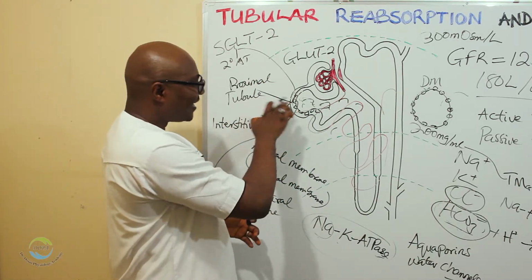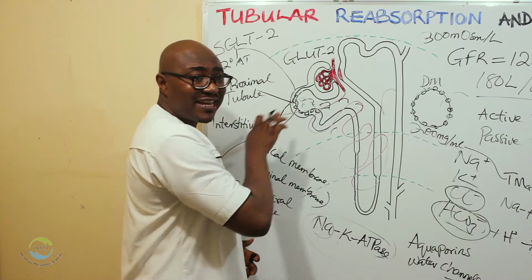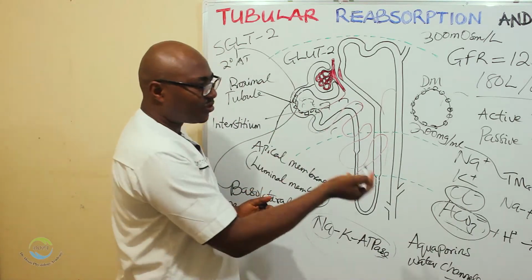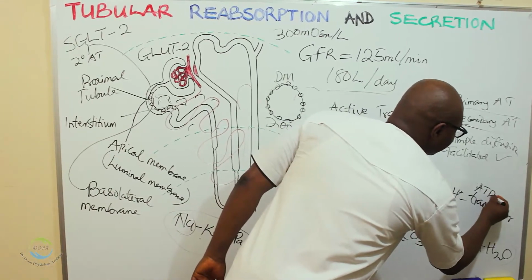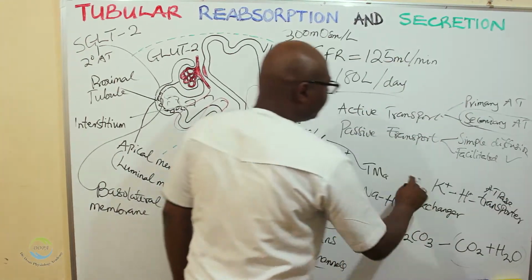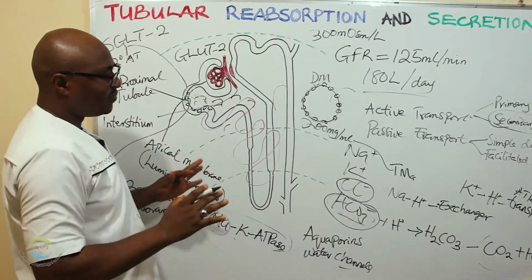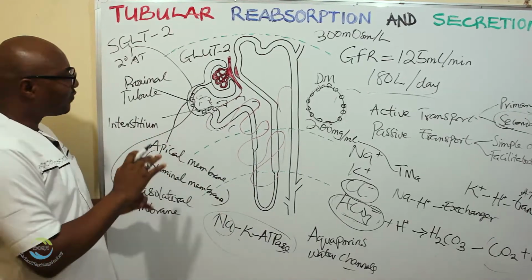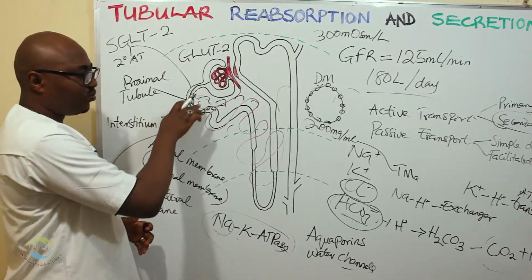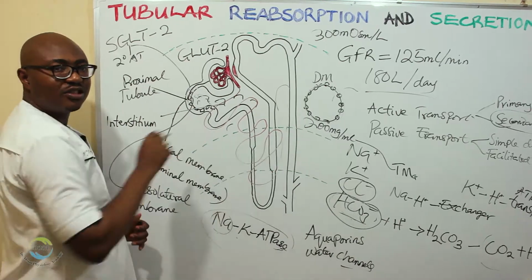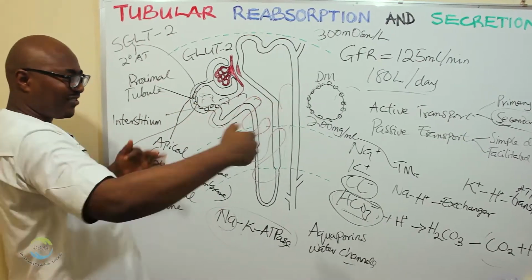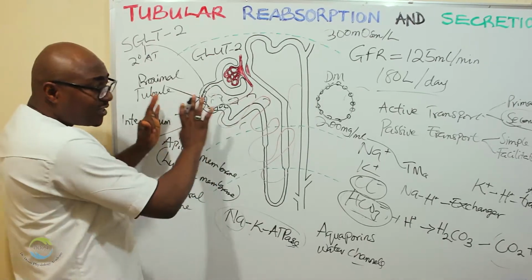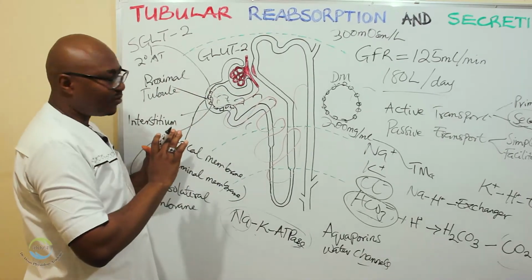Because of the energy it uses to take potassium inside, you can also call it an ATPase. Okay, it needs a lot of energy. Potassium, sodium, ATPase. So about 90% of potassium is reabsorbed because of that transporter. Although later it will be lost again through secretion at the distal part. But at this proximal part, 90% of potassium is reabsorbed.